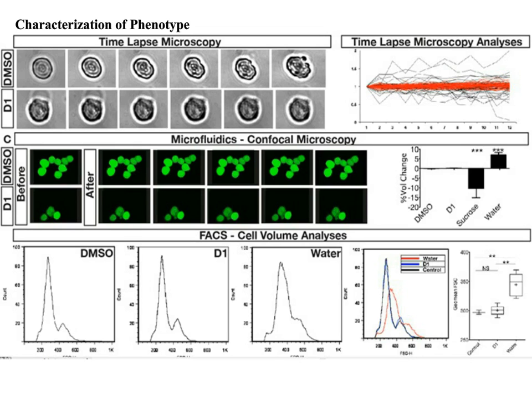the control DMSO-treated cells. When this was coupled with microfluidic-based imaging and FACS analysis, we could see that indeed there was no change in cell volume, but the cells appeared more rigid. This was confirmed using atomic force microscopy, and we indeed saw that the cells were more rigid.